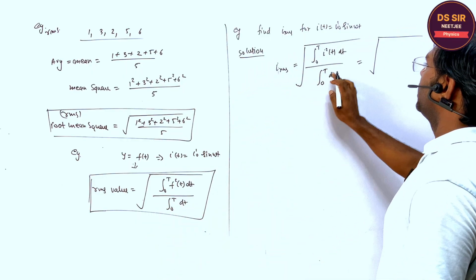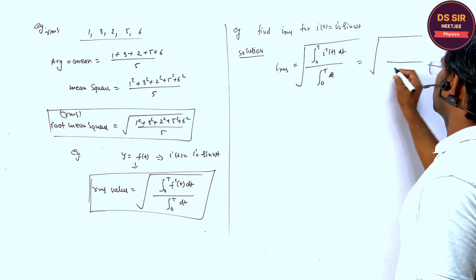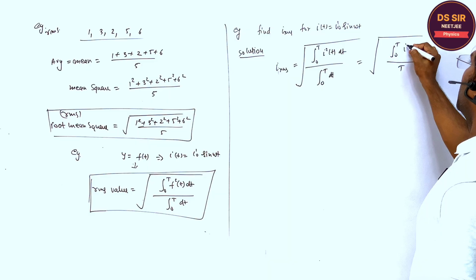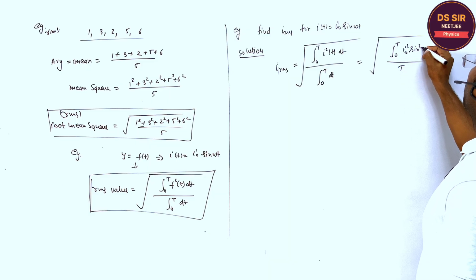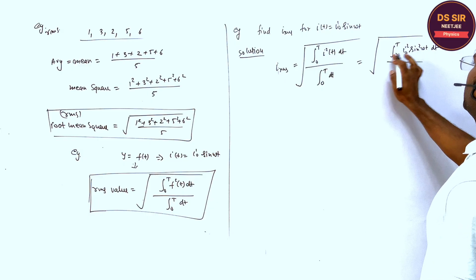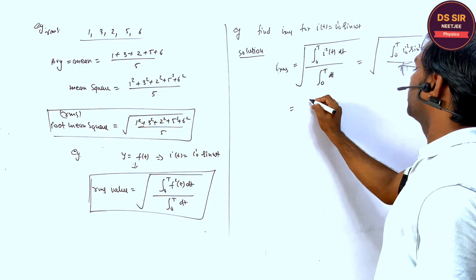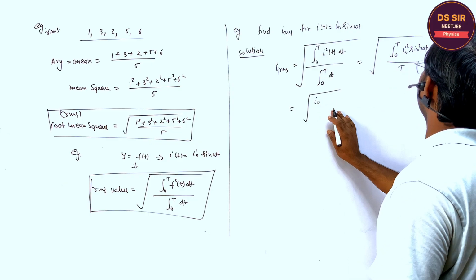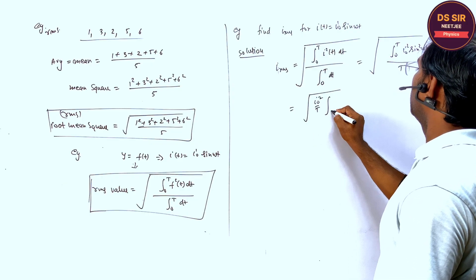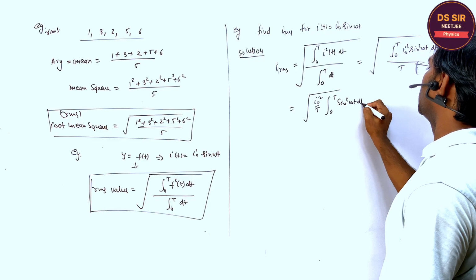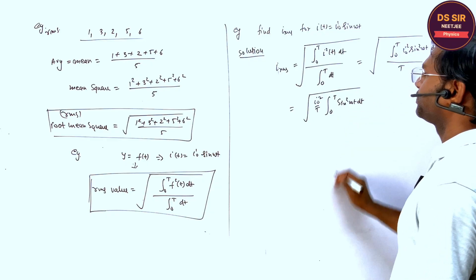If we found the integration, it is I0 square sin square omega t dt. If you take common, then we will have the square root of I0 square upon T, integral from 0 to T of sin square omega t dt. Is it clear or not?